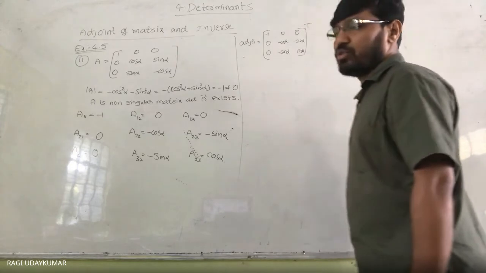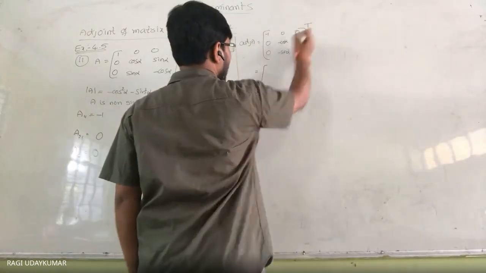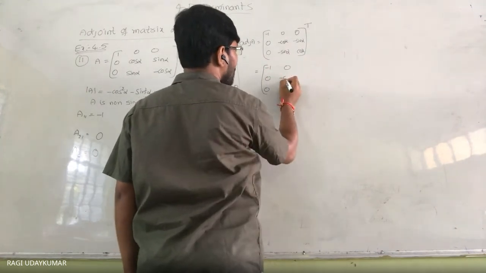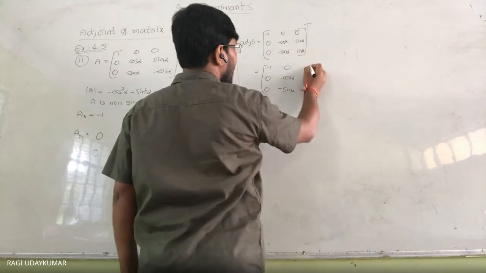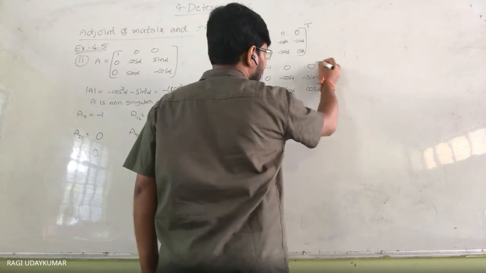Now transpose it, which means we write each row as a column.